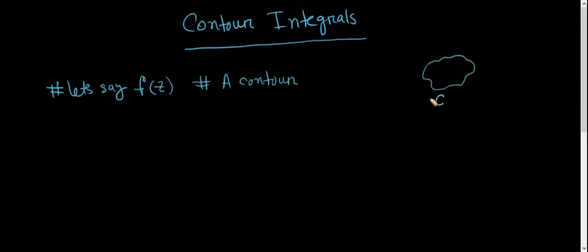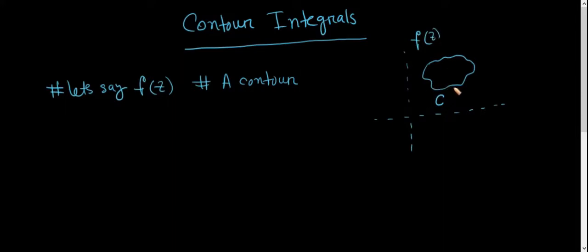We denote it by C, and this is the complex plane. Obviously the contour can be either open or closed, or it might intersect with itself at some point, and there can be many variations, but let's consider this simple picture. And let's say you have this function f of z on this complex plane.